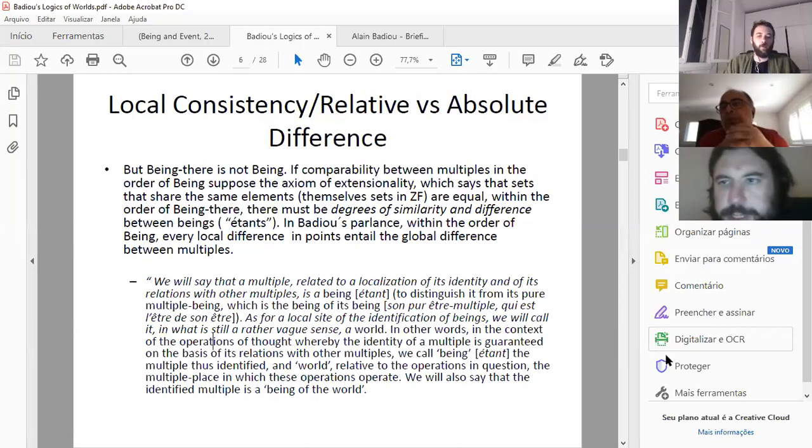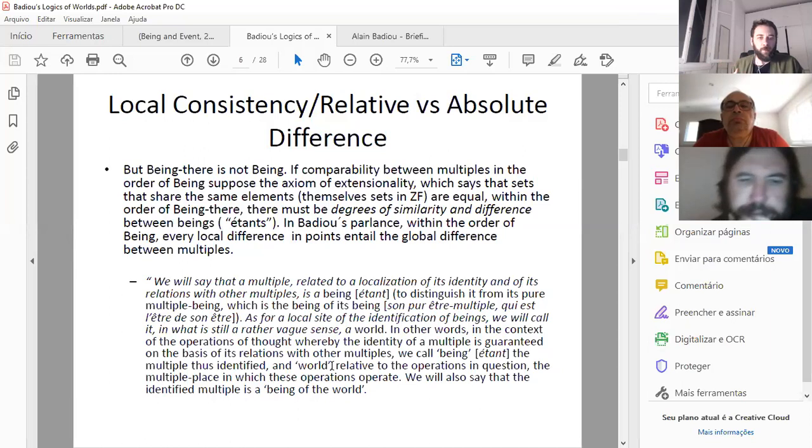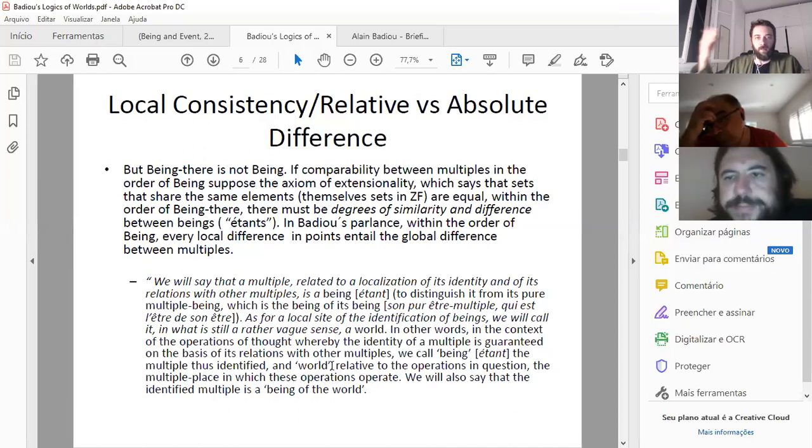Yeah, I agree, but I think this is a big bump in the road, because it's true he has a bombastic statement in that same chapter where he says language can only divide, language divides being, language cannot summon something.